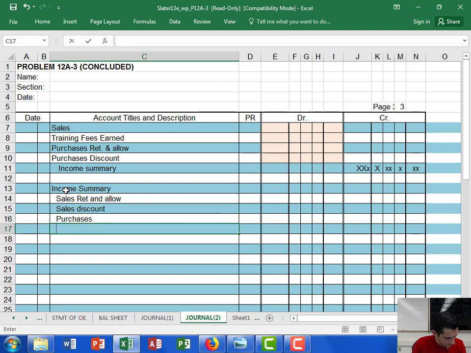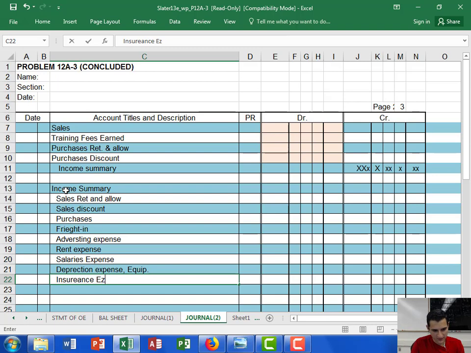purchases, freight in, because that's how much it cost us to get that stuff in there, so that's money leaving the business, advertising expense, the amount that we used to promote our business, so money that we spent, rent expense, we have to pay the bills, salaries expense, to show that we're still paying our employees, depreciation expense for equipment, and finally insurance expense.